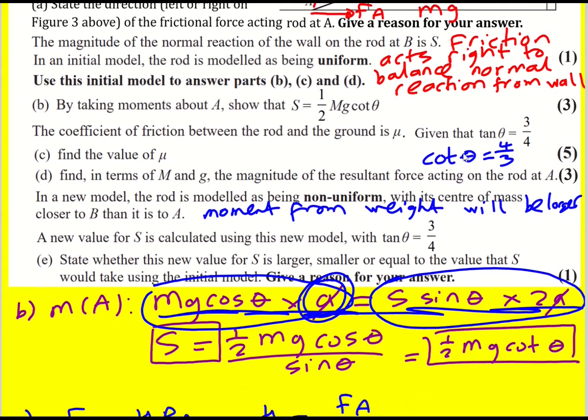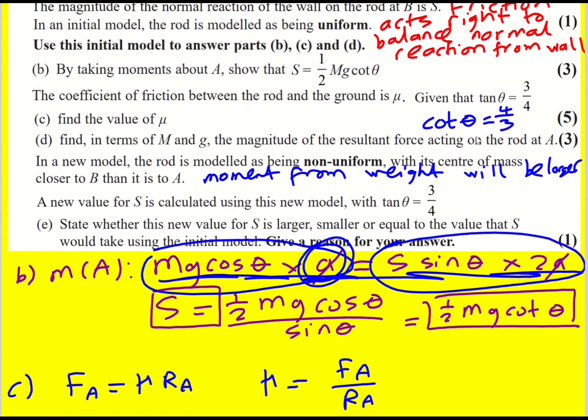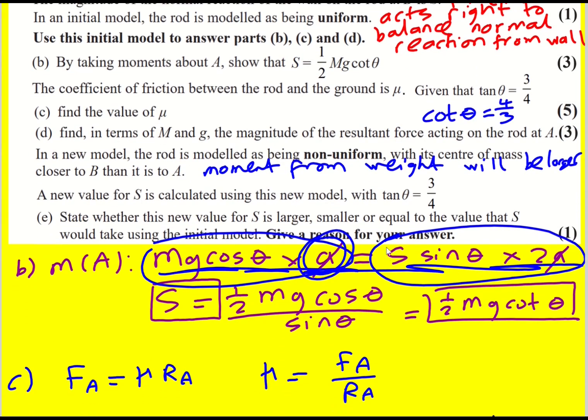It's going to be 50% as big again, so we're going to be multiplying by 1.5. What that means is when we calculate S, it's going to be 1.5 times as big as well, because I'm dividing by the same thing. So the moment from the weight will be larger, so S will also be larger.